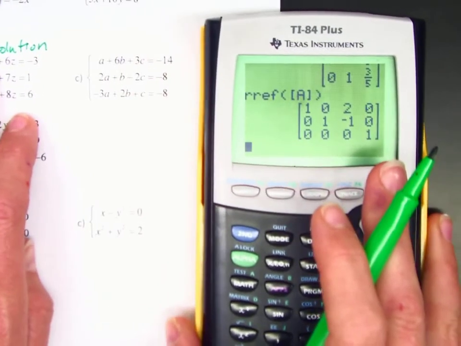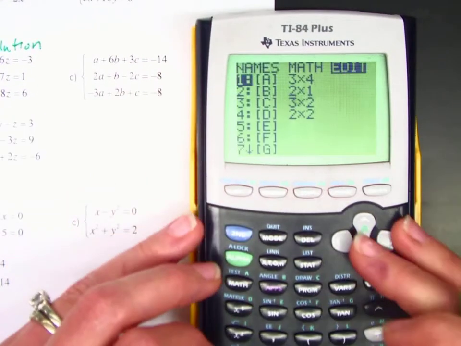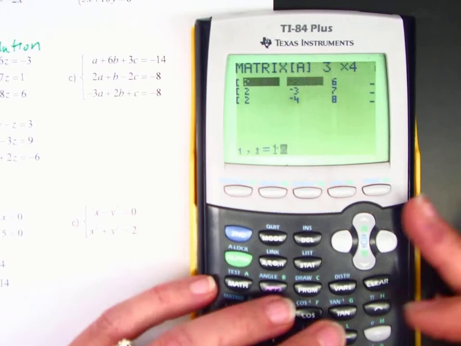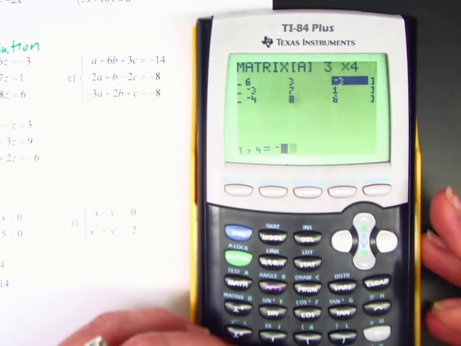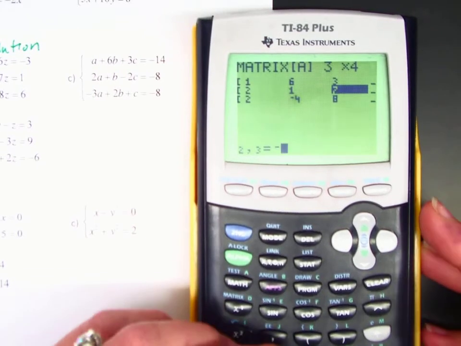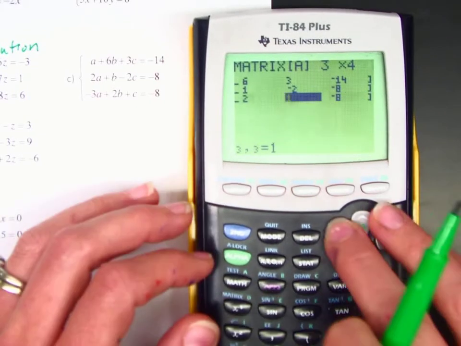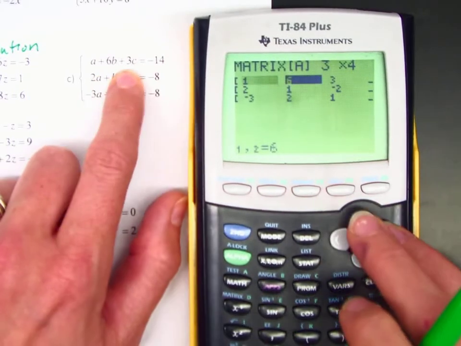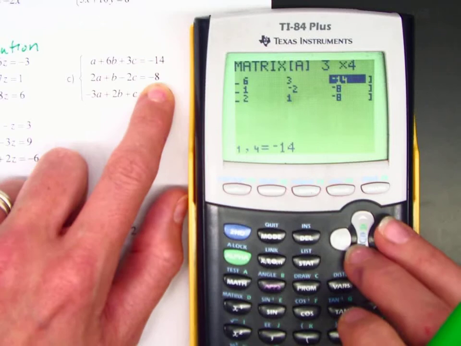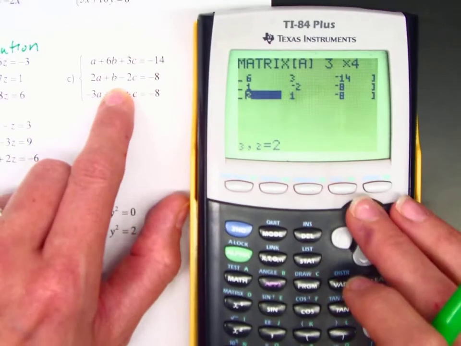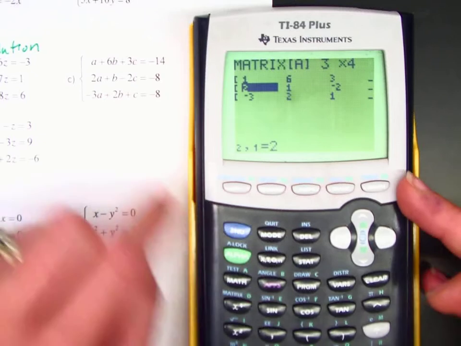All right, for this one, C, we have 1, 6, 3, negative 14, 2, 1, negative 2, negative 8, negative 3, 2, 1, negative 8. And let me just check that all my rows are right.